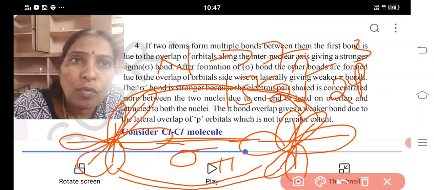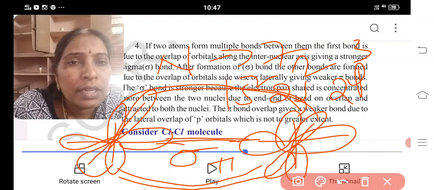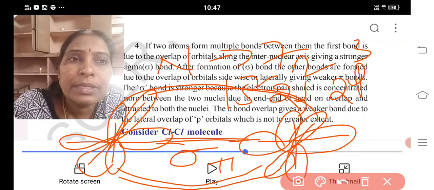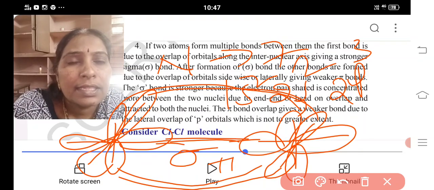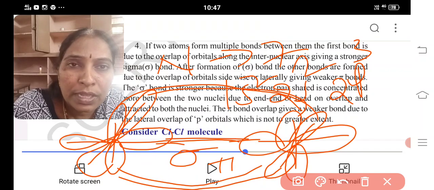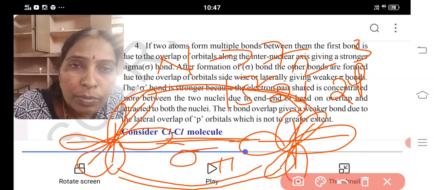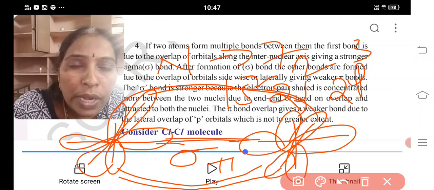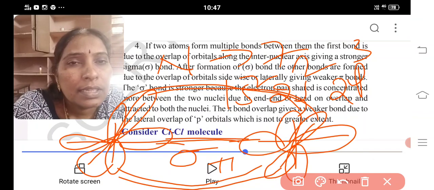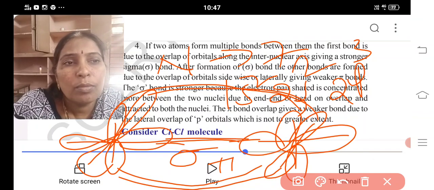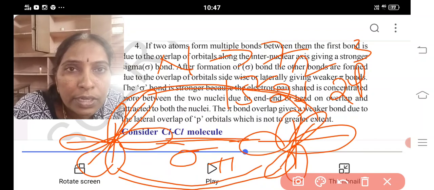End to end overlap leads to a sigma bond and side to side overlap leads to a pi bond. As end to end overlap takes place, the overlap is more and the bond formed will be stronger. Side to side overlap is weaker than the sigma bond. Clear about pi bond and sigma bond?